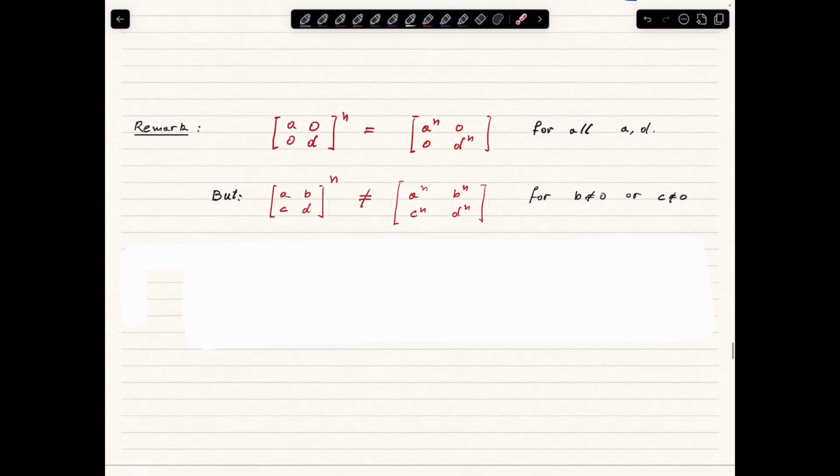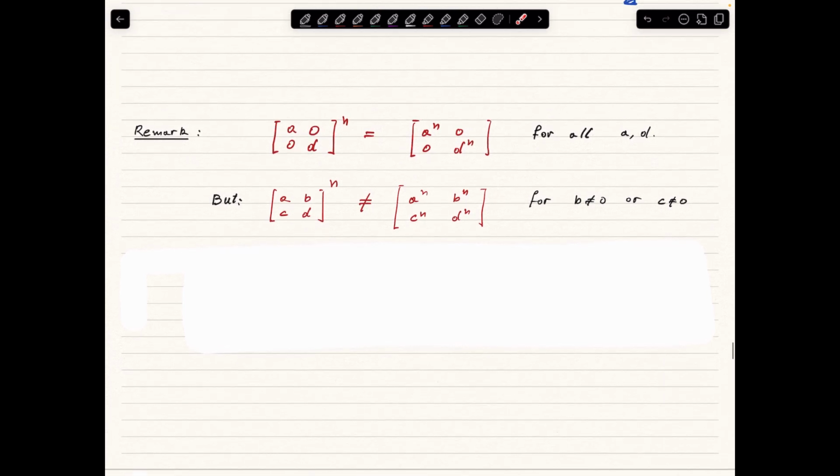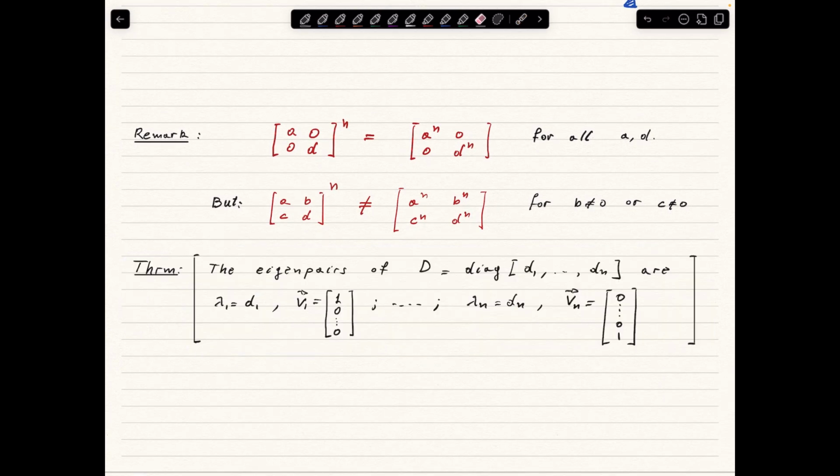Another thing that is very simple for diagonal matrices is computing the eigenvalues and eigenvectors of a diagonal matrix. The eigenpairs of a diagonal matrix d1 to dn are simply: the eigenvalues are the diagonal elements, and the eigenvectors are the vectors with a 1 and 0s, where the 1 is located in different places that give you the corresponding eigenvalue.